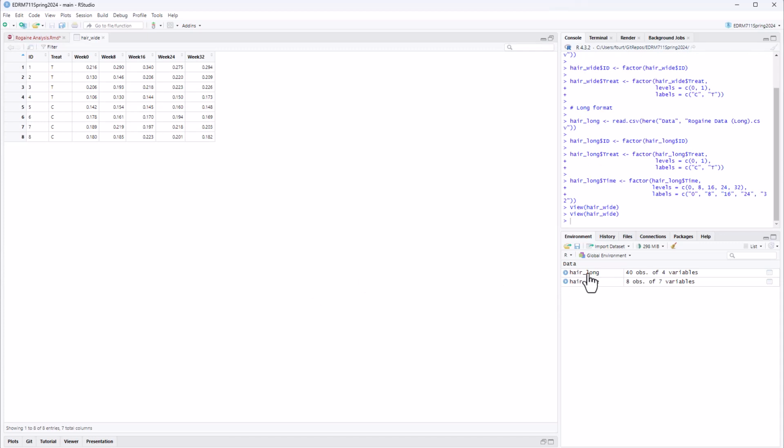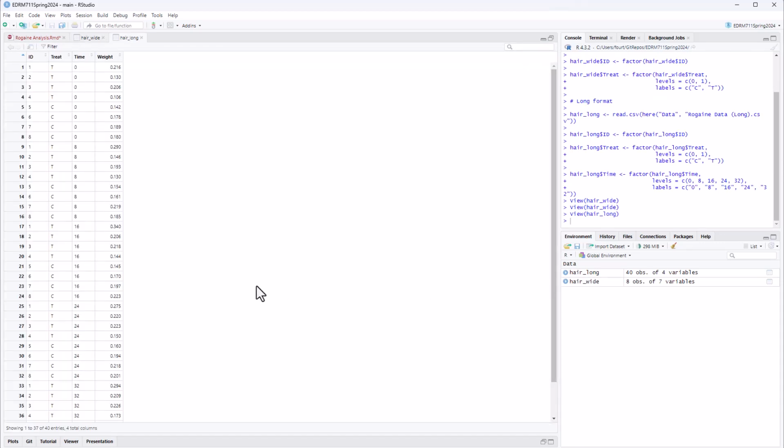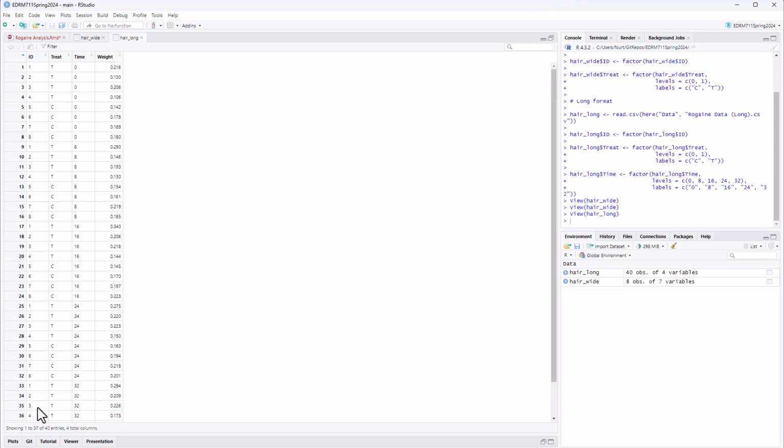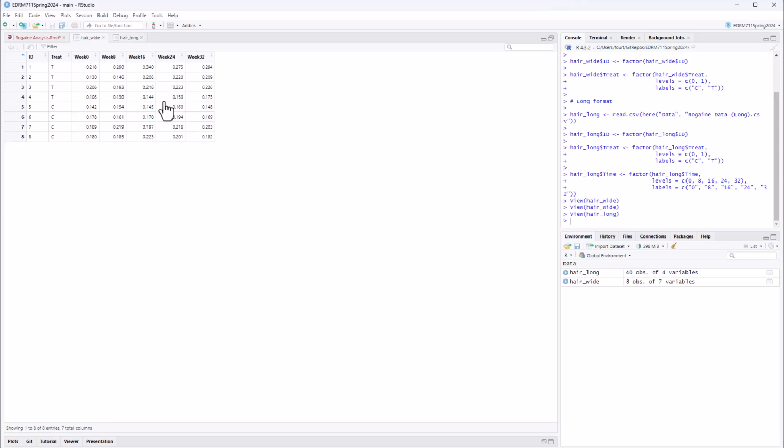Let's look at the long format. In the long format, we now have what appears to be, it looks like we went from 8 units to 40 units, but the reason that went to 40 units is because if you think of it back in the wide format, we have 8 women measured 5 times. 8 times 5 is 40.